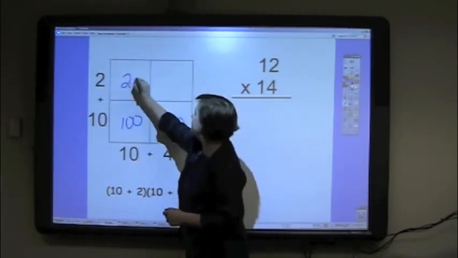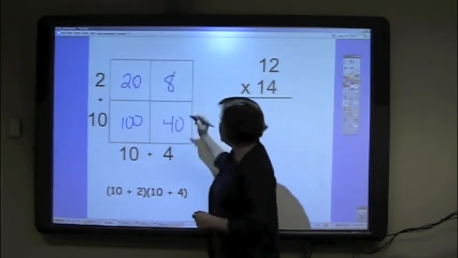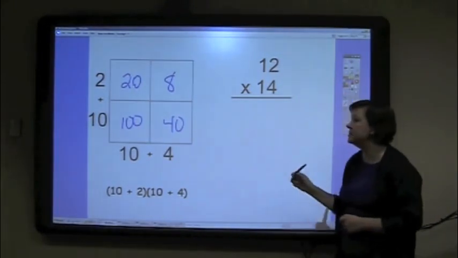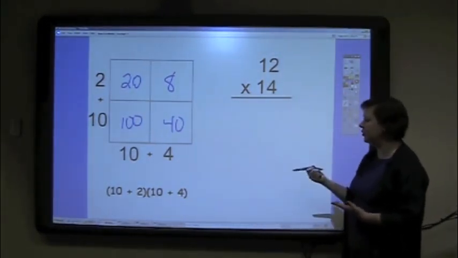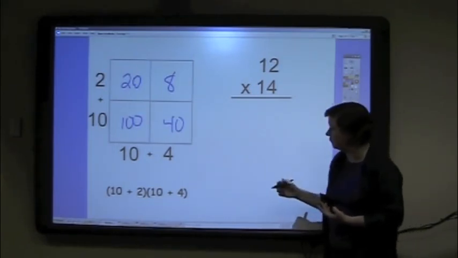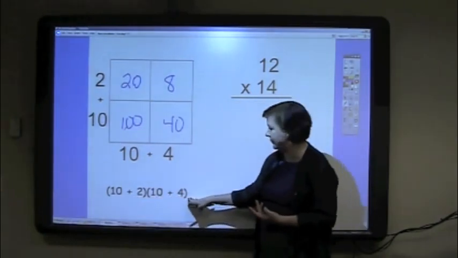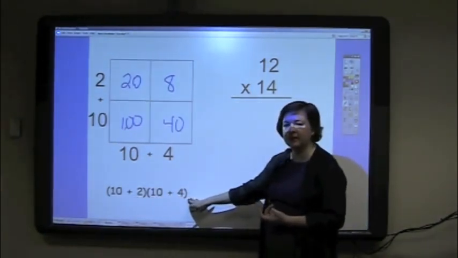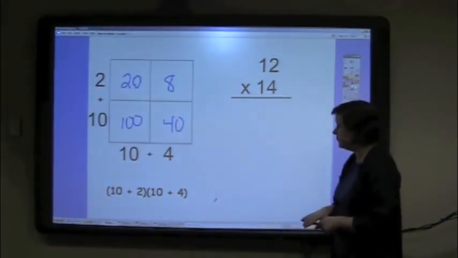I'm simply filling in each block. 2 times 10 is 20, and 2 times 4 is 8. And if I sum those, I get my same 168. I could even go a step further and represent this multiplication problem this way as an example of the distributive property. And we'll come back to that in just a minute.